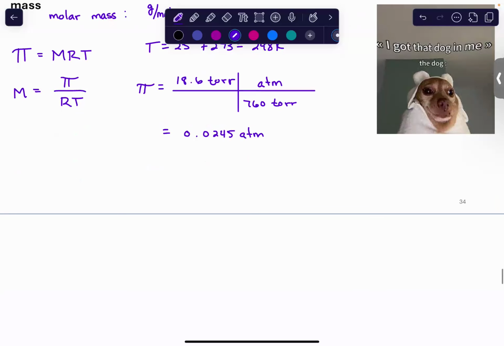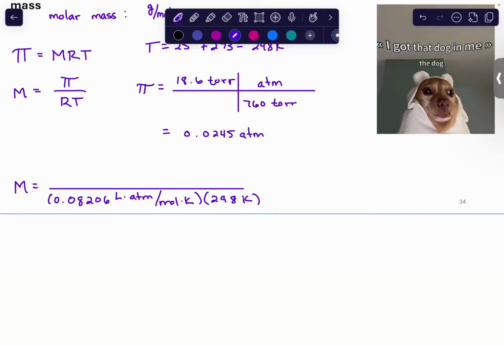That'll work a lot better. Now this will give us 1.0 times 10 to the negative third moles per liter.